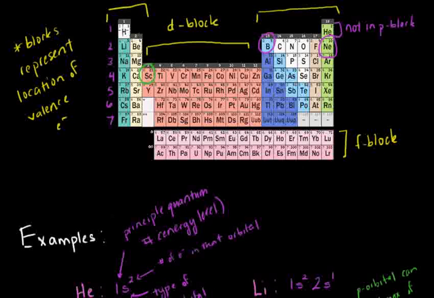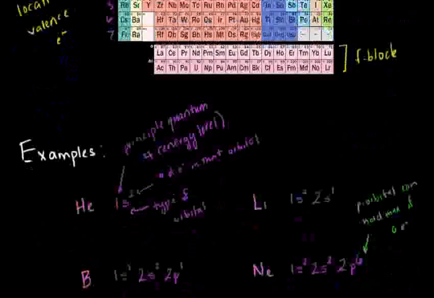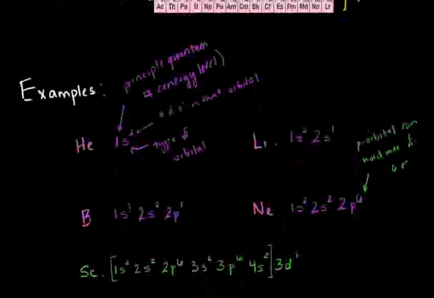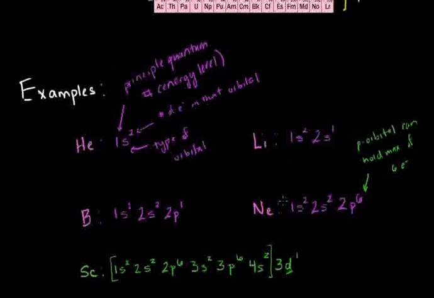And so we're going to fill the 1s orbital, the 2s orbital, the 2p orbital with 6 electrons, 3s with 2, 3p with 6, and 4s with 2. Now we've got one extra electron, and of course scandium is a transition metal, so it's going to hang out in the d block. And so we're going to add that final electron to a d orbital.